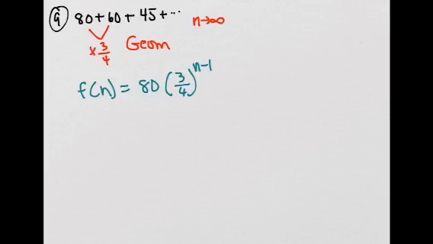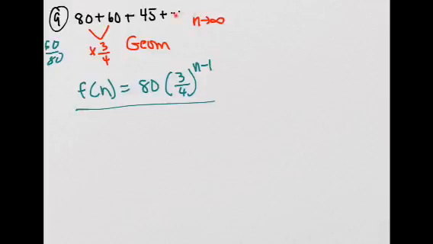Alright, so for number 9, I know it's not arithmetic because from 80 to 60 is minus 20, and from 60 to 45 is minus 15, so it's not arithmetic. So then I try putting 60 over 80, and I get 3/4, and then 45 over 60 is also 3/4, so it's geometric. So here's the explicit. Now notice there is no number right here, right?